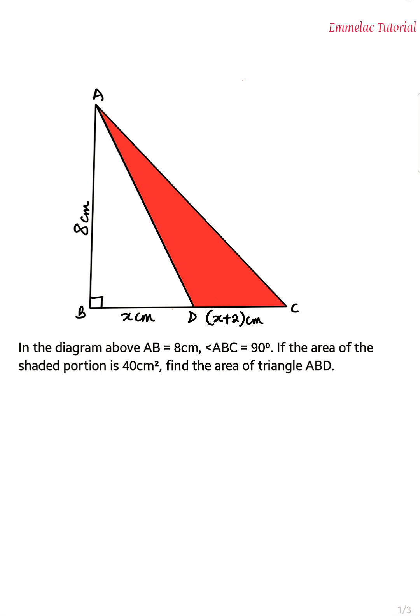So all we need to do here is to identify the total area. Take note first that we are given the area of the shaded portion. So let us write here that area of triangle ADC equals 40 centimeter squared, and we are looking for the area of triangle ABD.